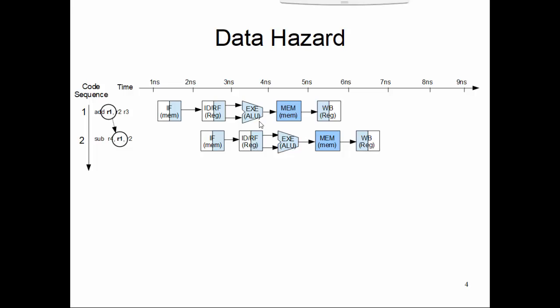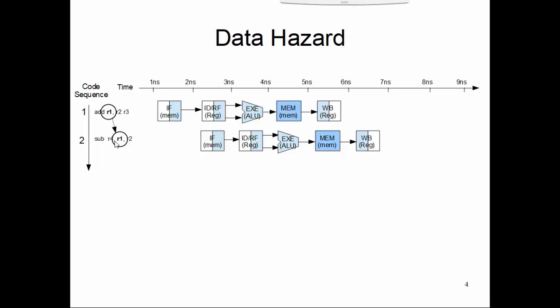So one instruction's completion really depends on another instruction's completion. For example, if I have these two instructions: add R1, R2, R3, which means the first instruction adds the values in registers 2 and 3 and puts the result in register 1. Then instruction 2, sub R4, R1, R2, subtracts the value of R2 from R1 and puts that result into R4.